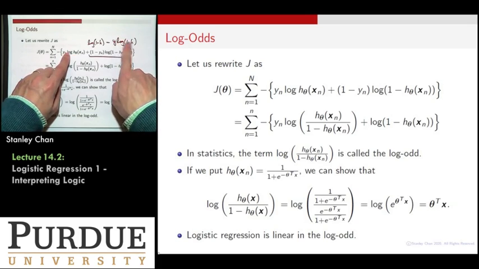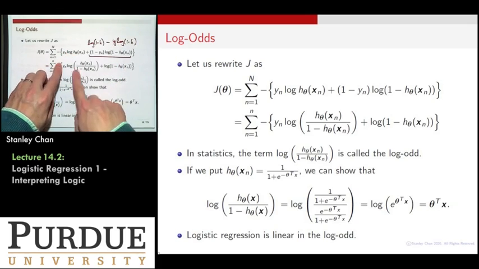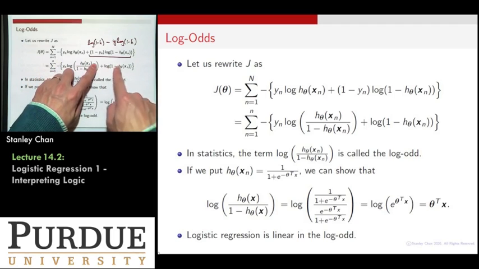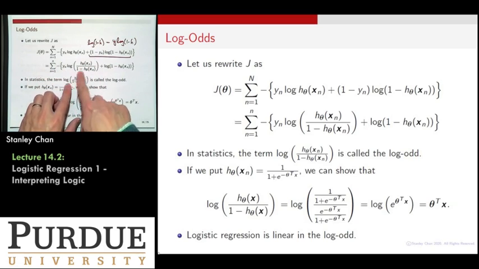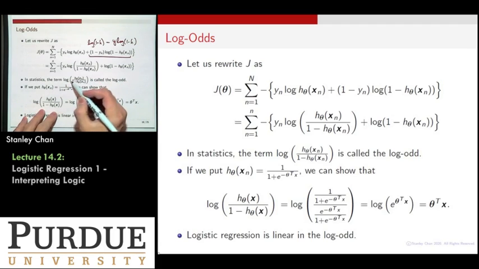So you can combine the third term with the first term, and since the difference between two logs gives you the log of the ratio, you can have this log of h divided by 1 minus h. This term remains because it comes from the second term. This term, the log of this ratio, is defined as the log odd. So this function is called a log odd in the statistics literature.